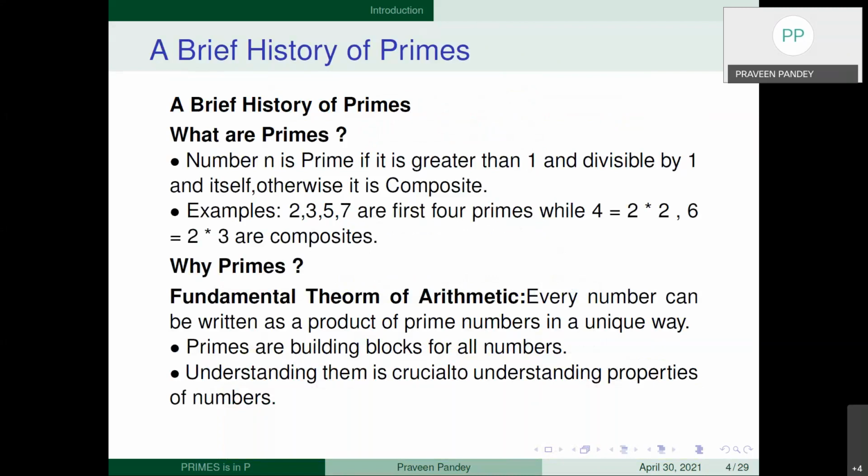Why do we want to know primes? Primes are the atoms or basic building blocks of all numbers. The fundamental theorem of arithmetic says every number can be written as a product of prime numbers in a unique way. To understand general properties of numbers, we need to understand prime numbers.